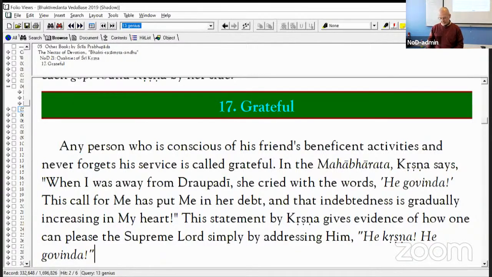Now, this one is a quality that is beloved of many devotees: grateful. Krishna is grateful, Kritagya. You may remember from the first canto, it's also included in intelligence. So being intelligent is also being grateful.